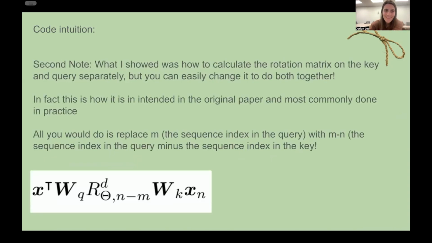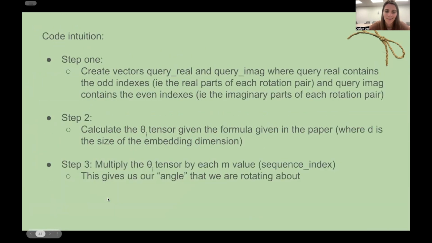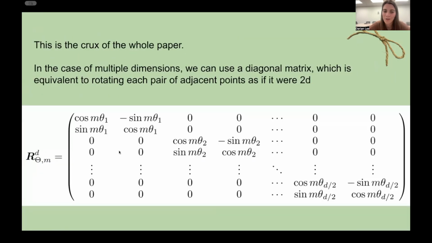So you might be thinking, okay, that's great for calculating just the rotation of the query and the key separately, but what if I want to do it like the original paper does it, which is doing everything at the same time? This is actually extremely easy. All you're going to do is use this rotation matrix, and by rotation matrix, I am referring to this thing.